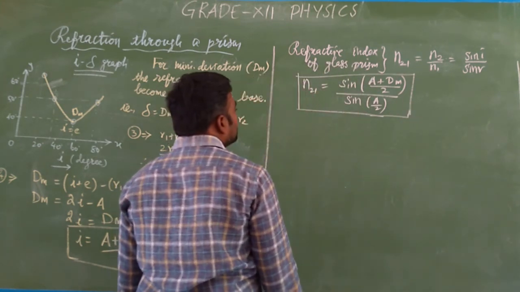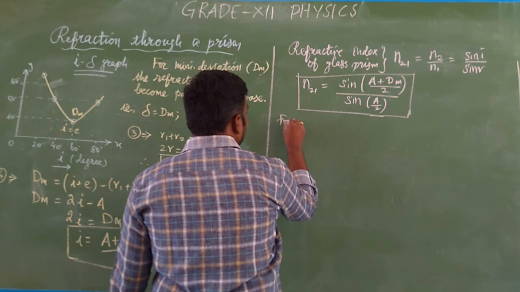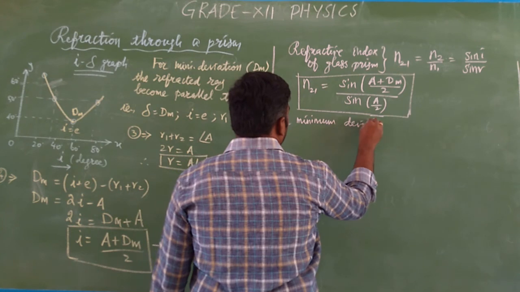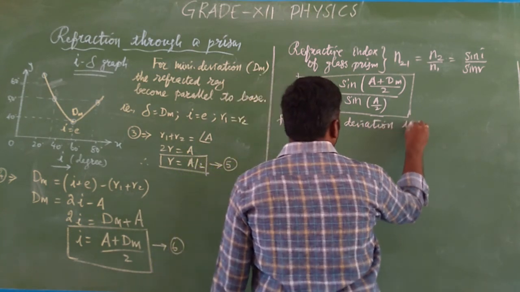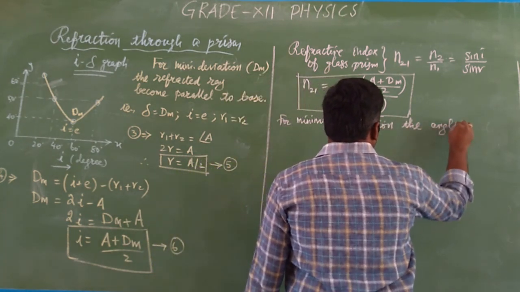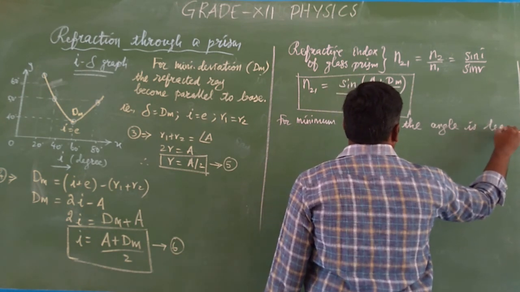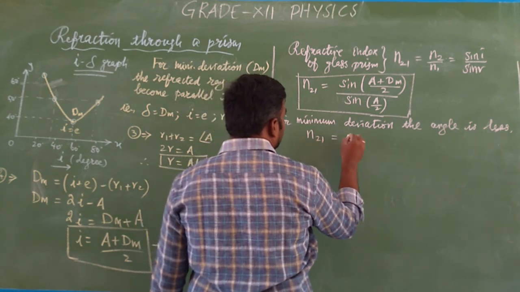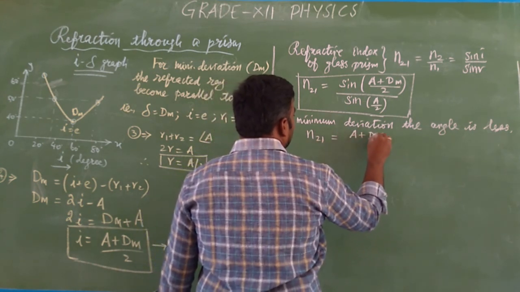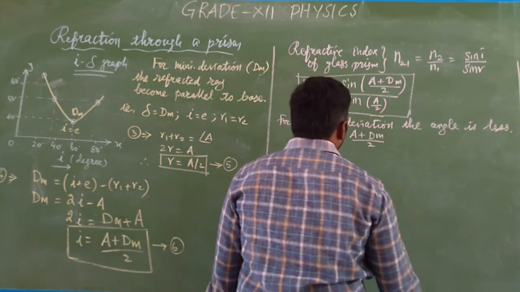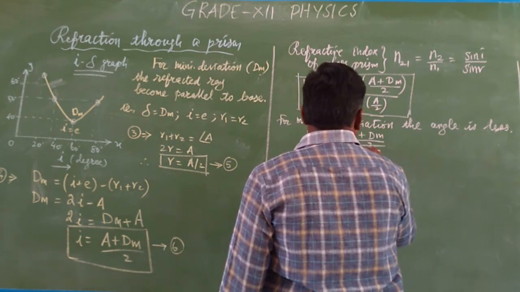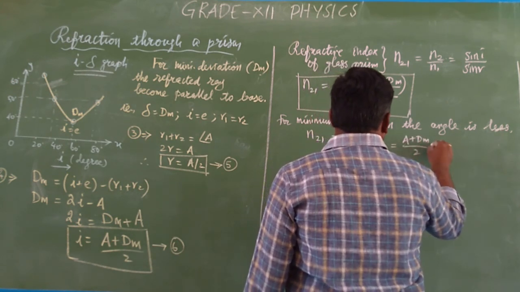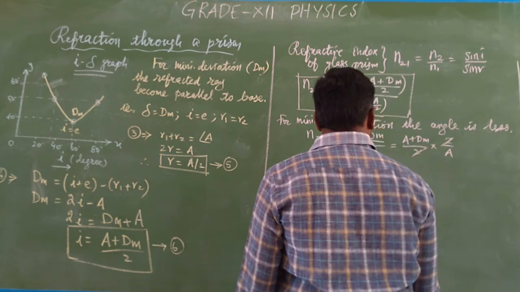For the minimum deviation case, the angle is small, therefore we can write the refractive index of the second medium with respect to the first medium is equal to sin of A plus dm by 2 divided by sin of A by 2, that is A plus dm by 2 into 2 by A. So the 2s cancel.